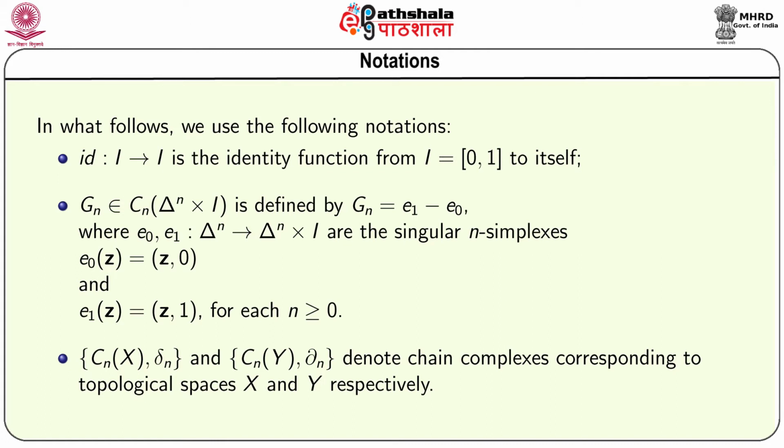Gn is an element of Cn(Δn × I), which is defined by Gn equal to E1 minus E0, where E0 and E1 are the singular n-simplexes defined as E0(z) equal to (z,0), that means we are plugging in 0 in the last coordinate, and E1(z) is equal to (z,1), that means we are plugging in 1 in the last coordinate, for every n greater than or equal to 0.